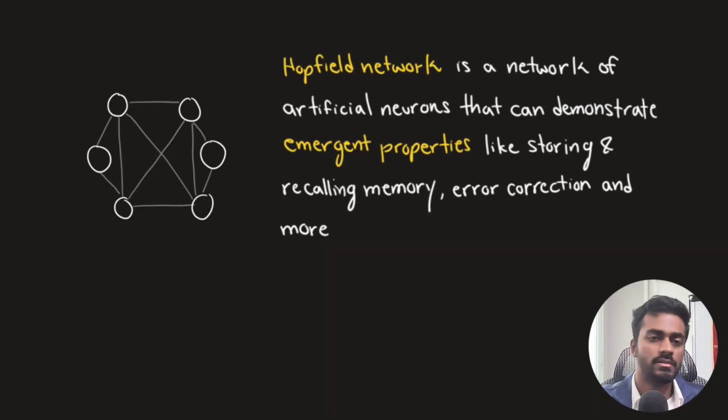Now that's going to do it for quiz time and this video, but before we go, let's generate a summary. So in this video, we took a look at a Hopfield network, which is a computation model or a network of artificial neurons that demonstrates emergent properties such as storing and recalling memory, error correction, and more, with an emphasis on associative memory, or the ability to store and recall memory.